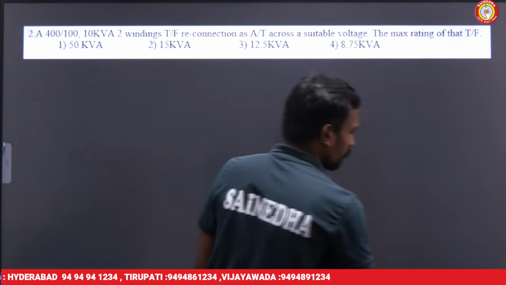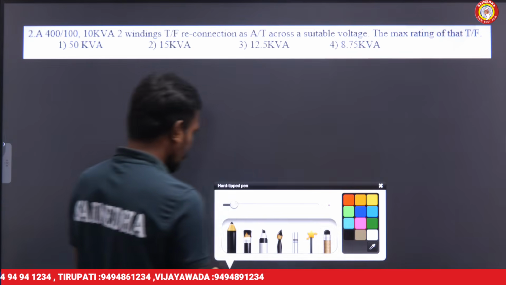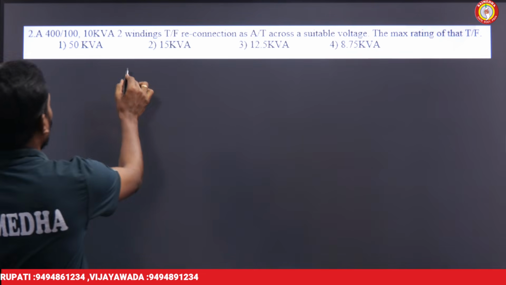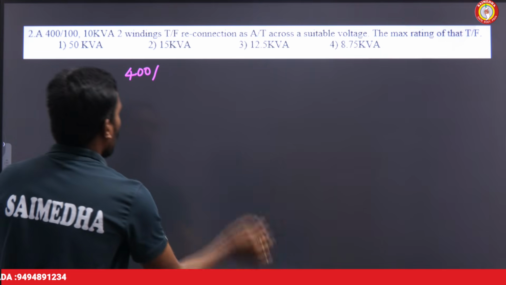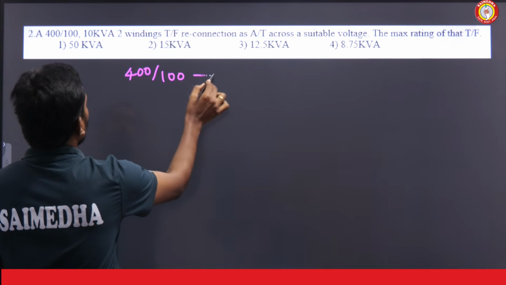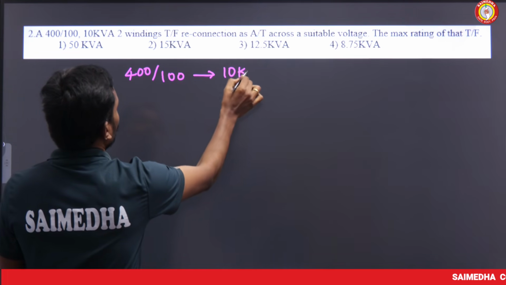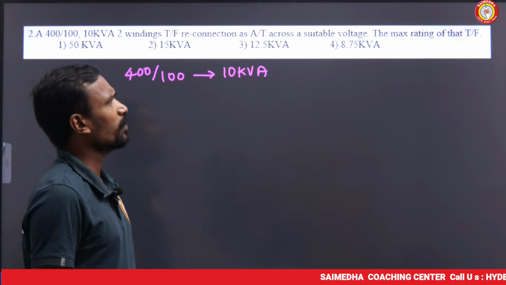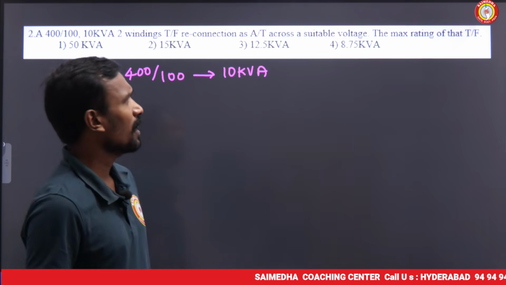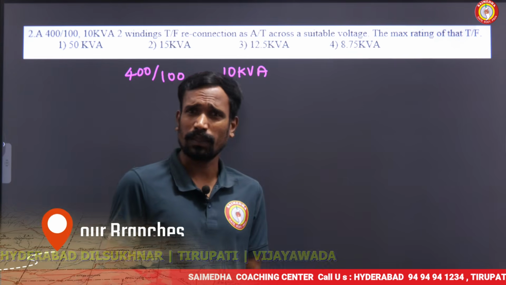Next question. Tell me the answer for this question. A 400 by 100 volts two winding transformer is rated 10 kVA. It is reconnected as an auto transformer across suitable voltage. What is the maximum rating of the transformer?